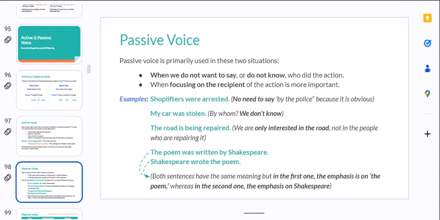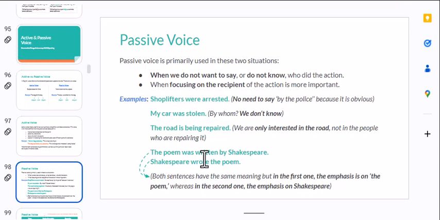However, there is a difference. The difference is that in the first sentence, the focus is on the poem. Who wrote this poem? Whereas in the second sentence, the focus is on Shakespeare. So depending on what exactly you are trying to emphasize, what you want the listener to know, which thing you need to focus on, you may want to choose the passive voice or the active voice.